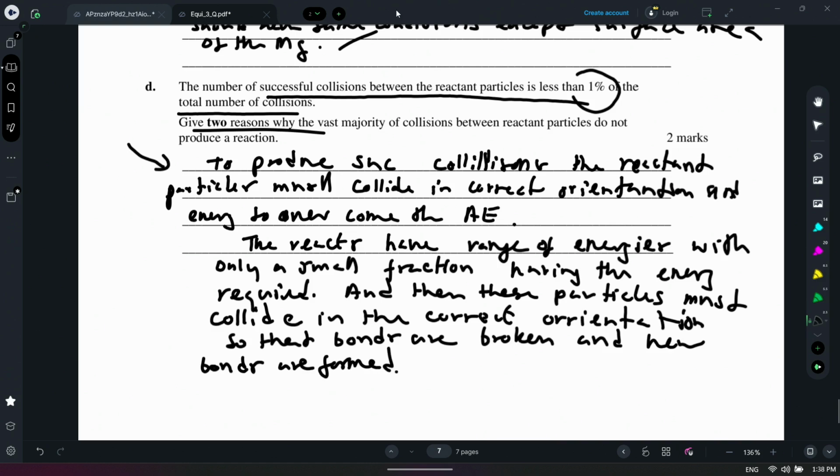Is that clear? I really want you to have a look at this question, because it doesn't involve so much calculation. If you look at the last part of this question, where you had to get 2 marks, you must not only mention the condition that needs to be satisfied. You have to specifically say that if you have a mixture of particles, not all the particles are going to have the same amount of energy.